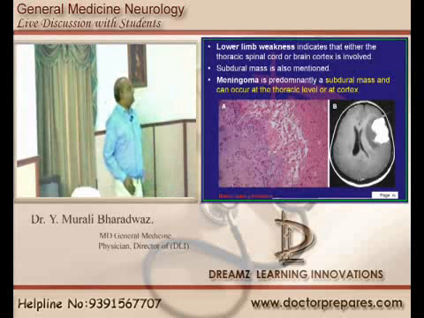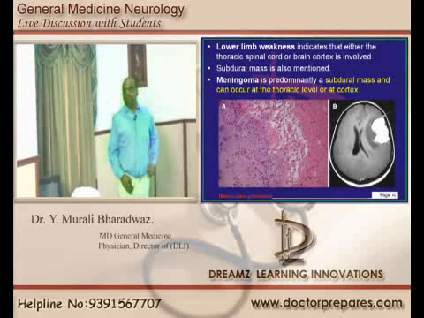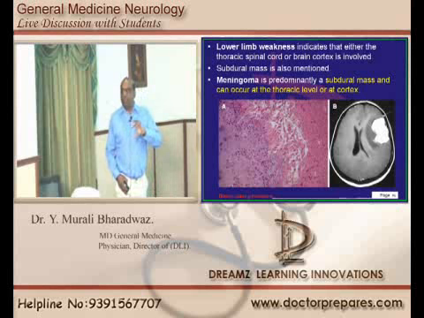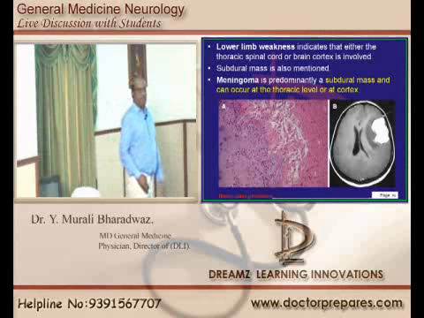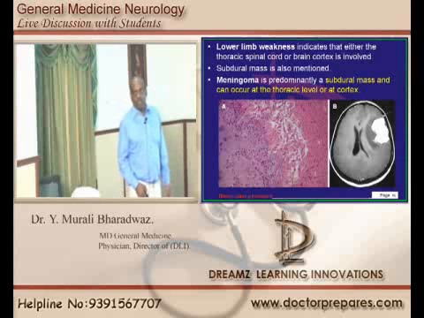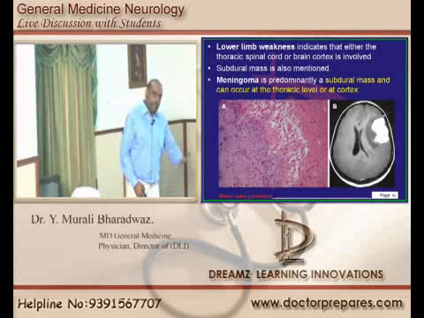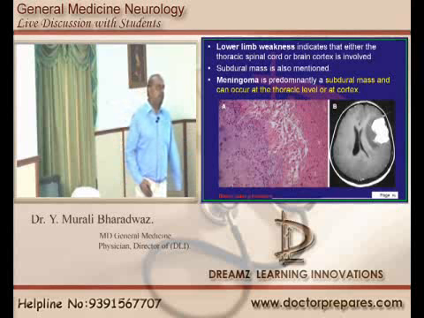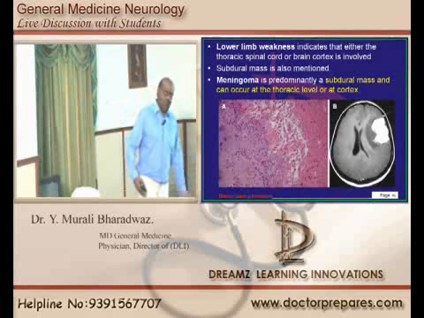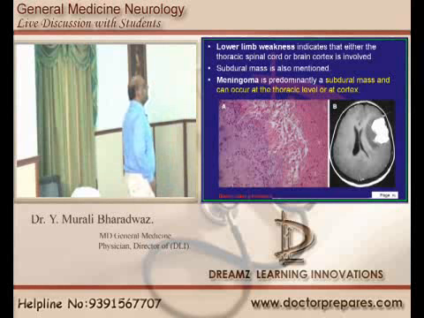So a meningioma is more likely to be a lesion which can present like a subdural, intradural, that means extramedullary lesion at the thoracic level, which will show contrast enhancement, which can present with compressive myelopathy in the form of paraplegia.